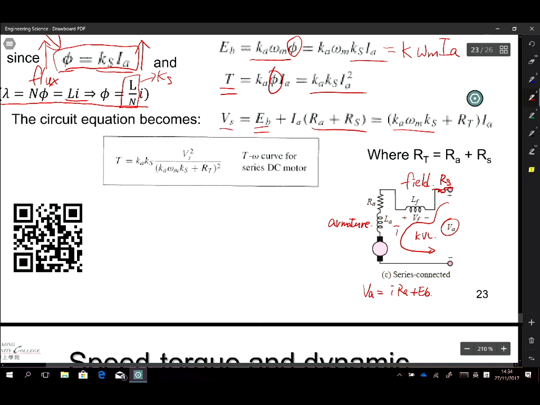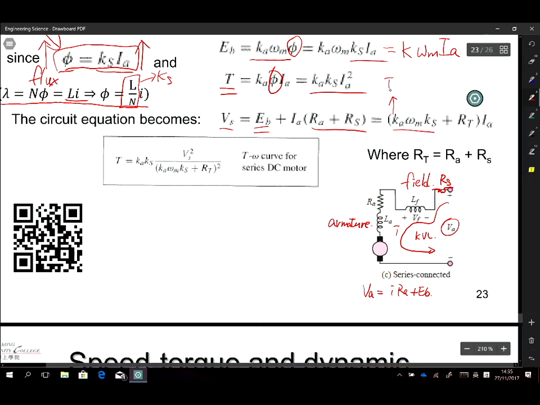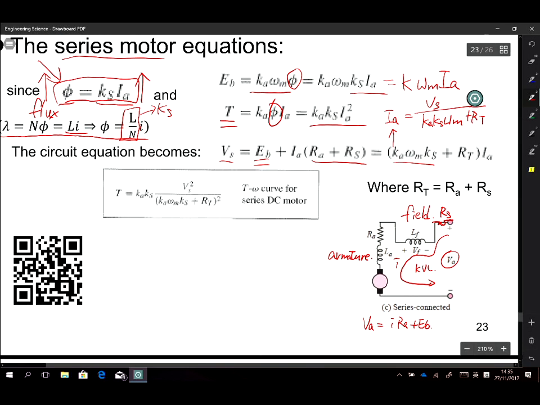So you get the formula Vs equals (Ka Ks omega M plus RT) times Ia. Now you can rearrange this: Ia equals Vs over (Ka Ks omega M plus RT). You can use this formula for Ia and substitute it into the torque equation. So at the end you get this formula.